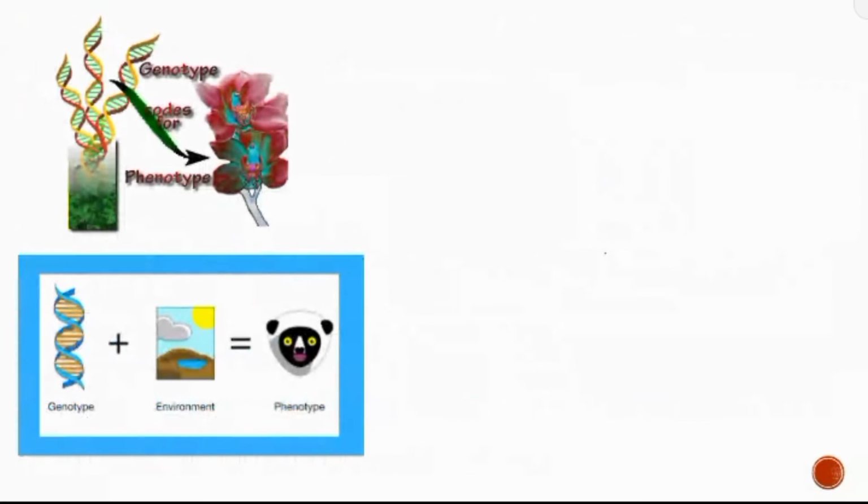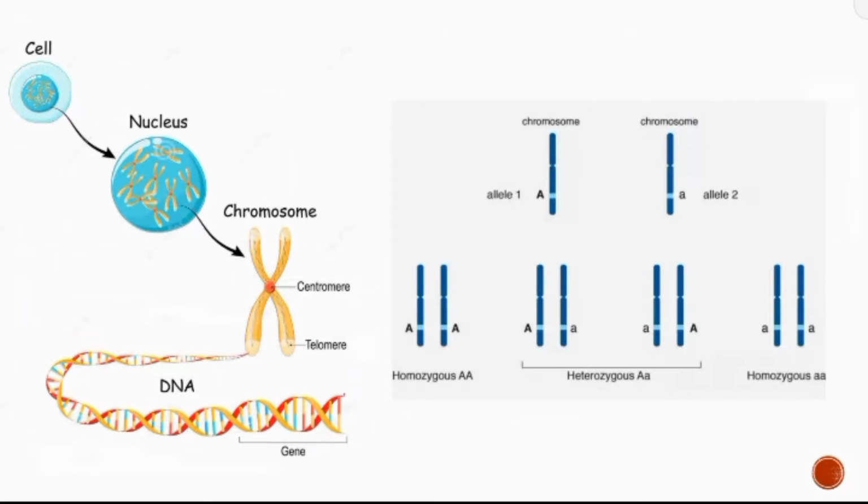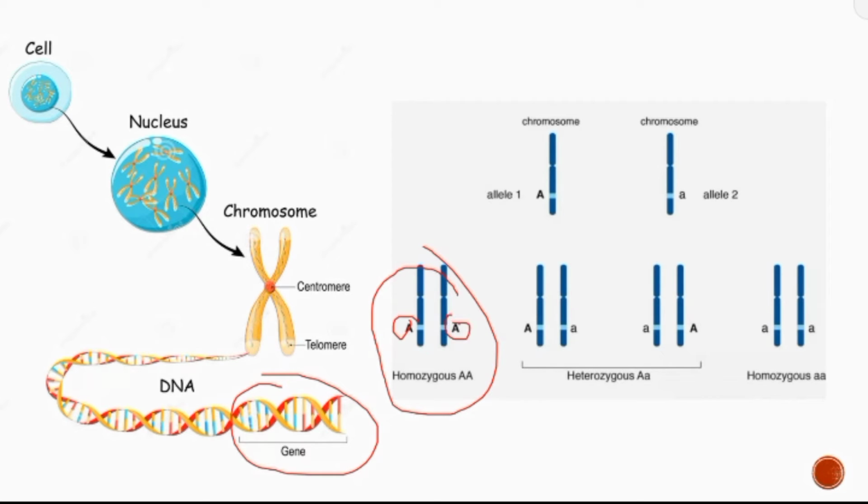So for this, you need to see this. Genotype, what will it do? It will code for a phenotype. Consider the pea plant having the homozygous AA gene. Homozygous AA alleles means both are dominant ones present on the chromosome.